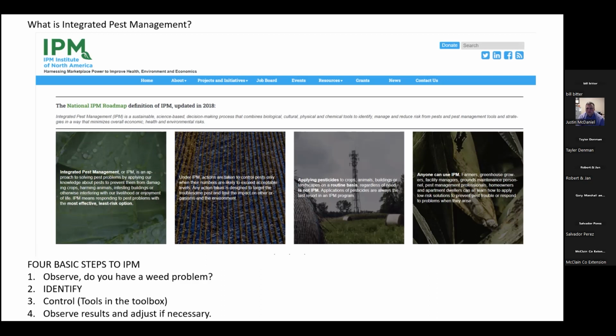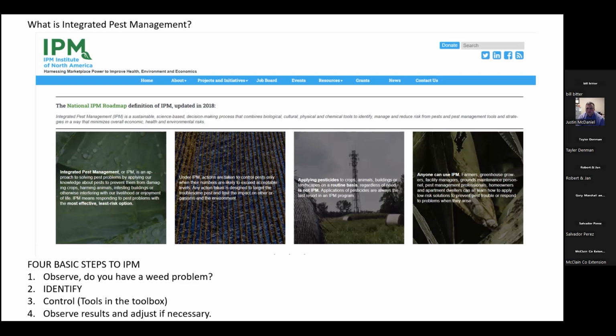One important thing to mention is that third box over. It says applying pesticides to crops, animals, buildings, or landscapes on a routine basis, regardless of need, is not considered an integrated pest management program. Applications of pesticides are always the last resort in an IPM program.